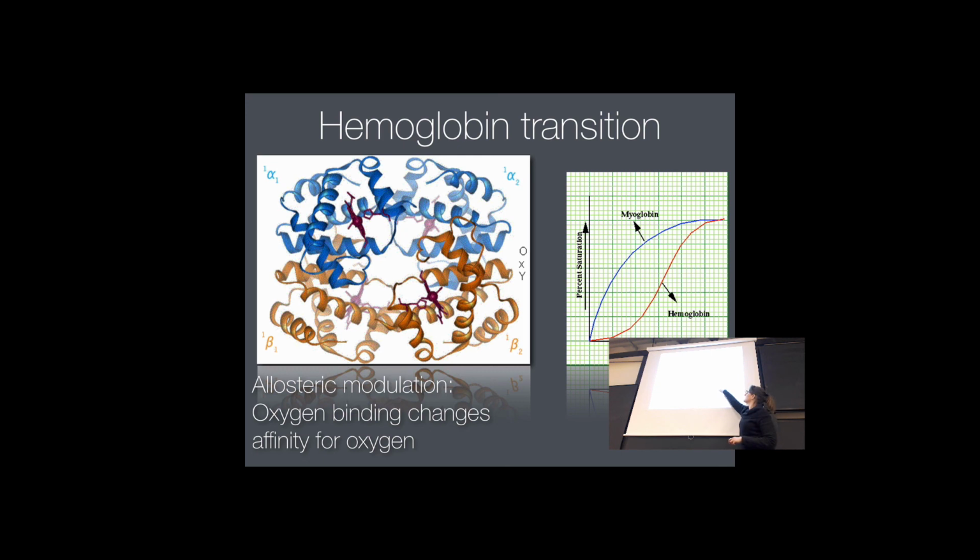But as the protein binds the first oxygen, it undergoes a conformational change in the other domains, which make it much better at binding oxygen. And the third one is even faster until you reach saturation.